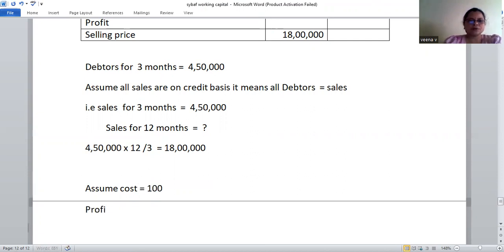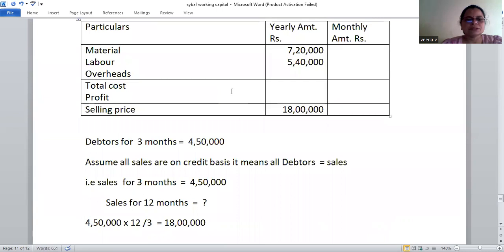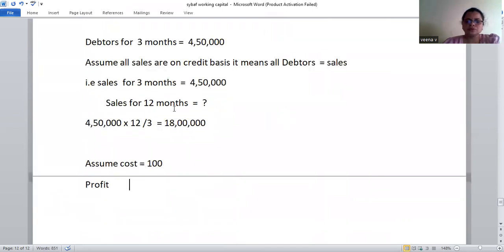So we have to add the profit, 25% of cost. So profit equals 25% of 100, that is equal to 25. So our selling price will be 125.